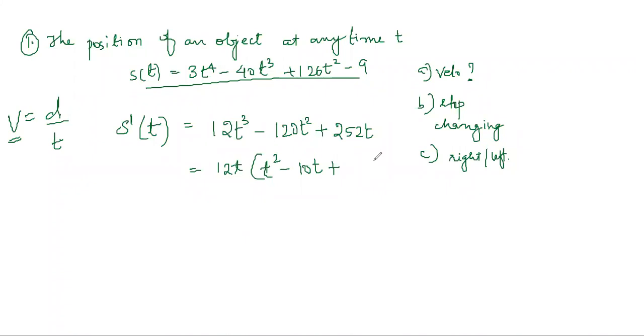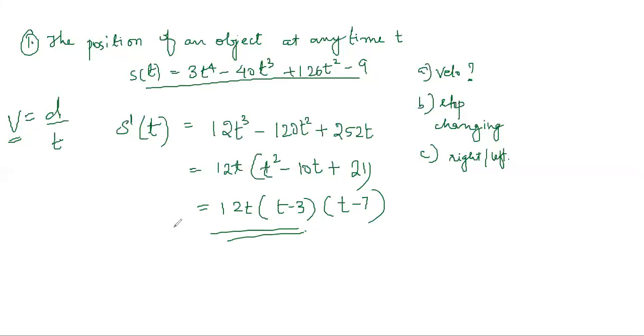That will be 21, I guess. Now if you do the factorization, 12t, t minus 3 and t minus 7. Okay, so these are the factors. So this is the velocity. The first question can be done like this.